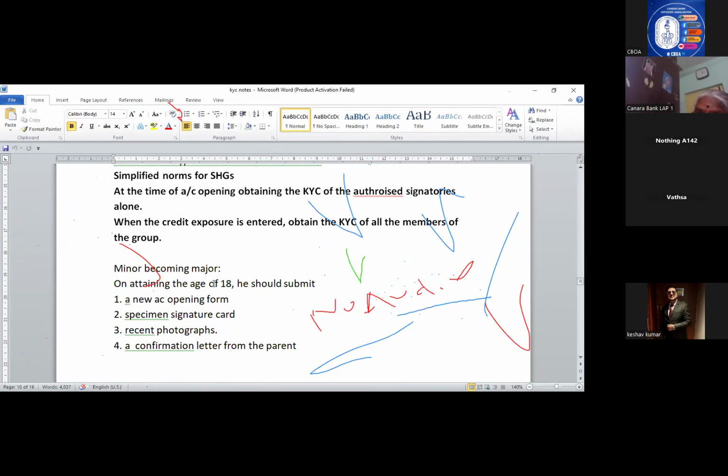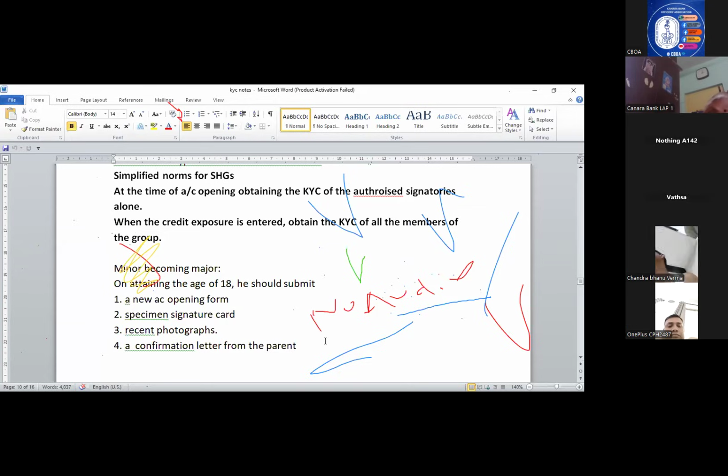So whenever he becomes a major, we have to get the new account opening form, then specimen signature card, the recent photographs, and a confirmation letter from the parent, and then only we can convert it in the CBS system. After getting all these documents, then only we can change the status in SIM 30. Okay, so this is minor becoming the major.